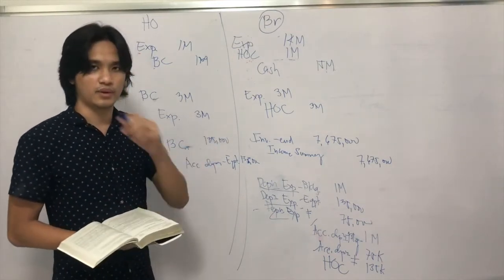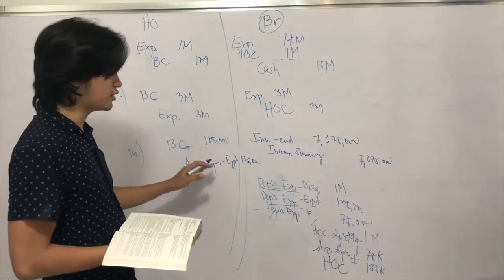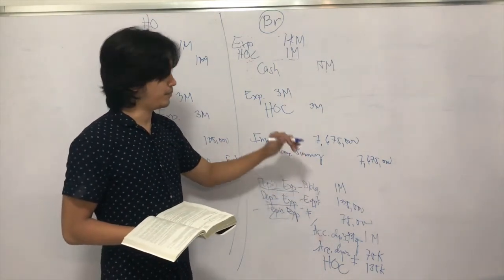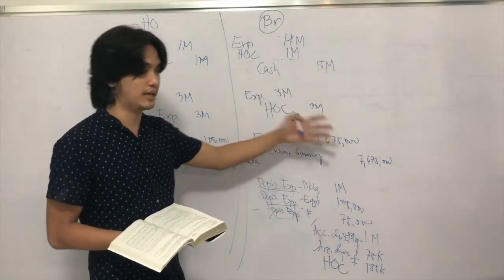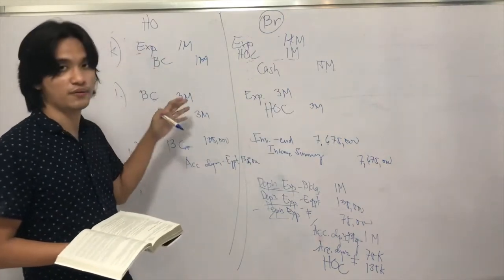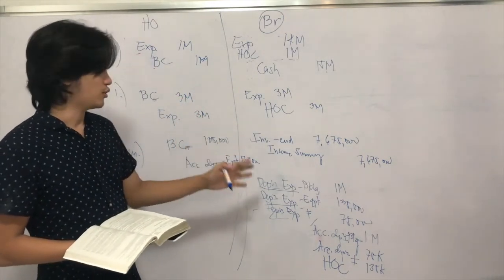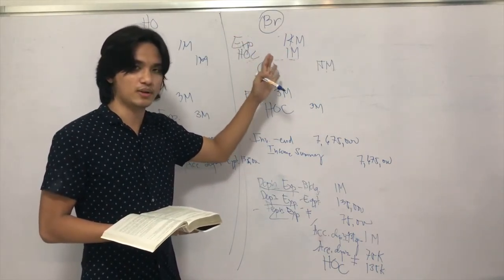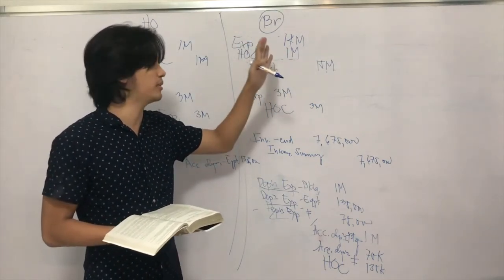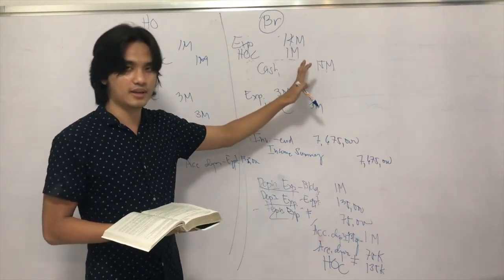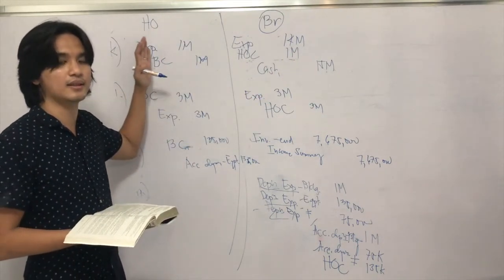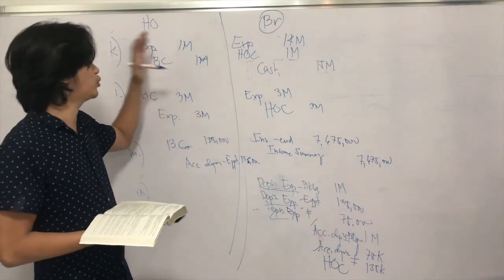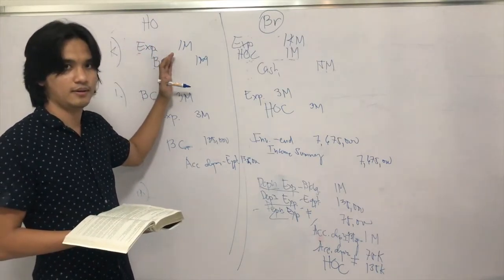Okay? So you see the difference between assets carried in the branch books and assets carried in the home office books. If it is carried in branch books, the asset as well as their corresponding contra asset account will be recorded here. If it is carried in the home office books, the asset as well as their contra asset account will be recorded here.